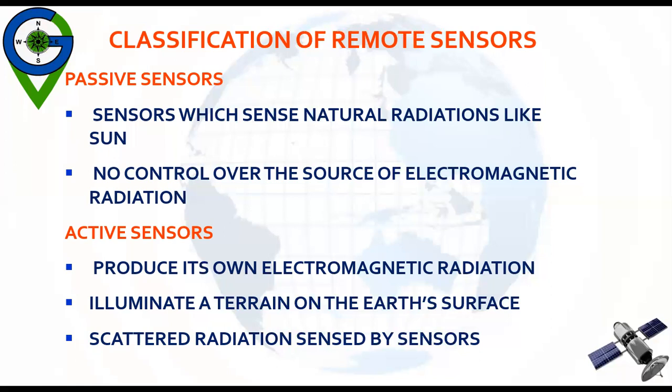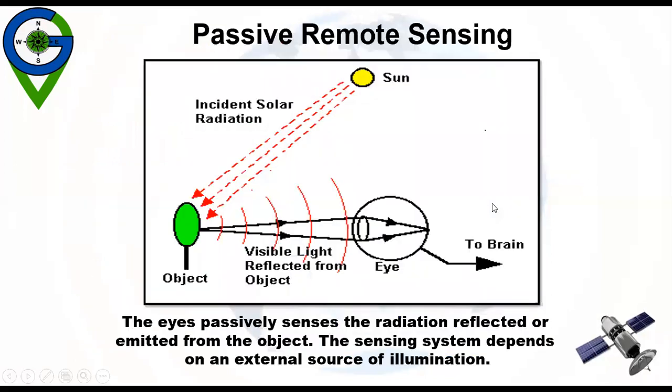So the scattered radiation is sensed by the sensors. So the eyes passively sense the radiation reflected or emitted from the object. The sensing system depends on an external source of illumination.